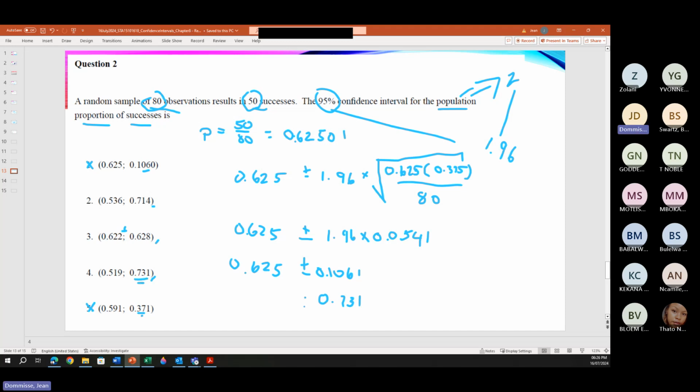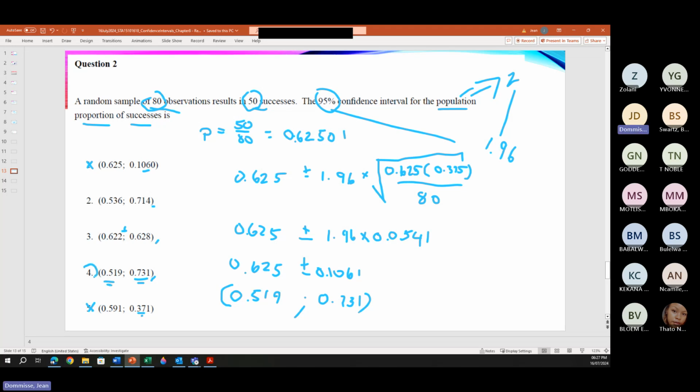And at the bottom end I get 0,519. Okay, which is that one also.